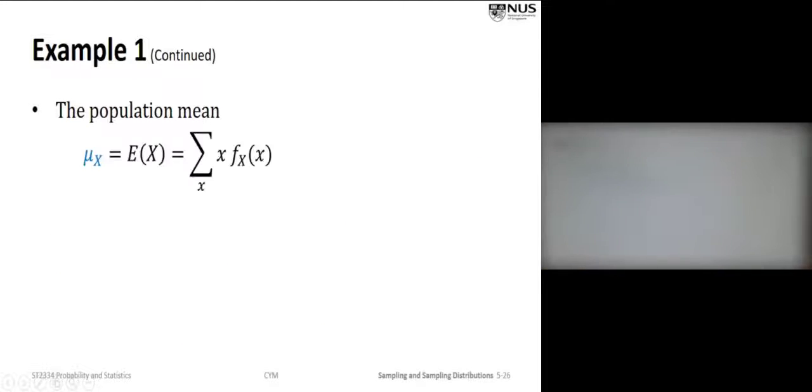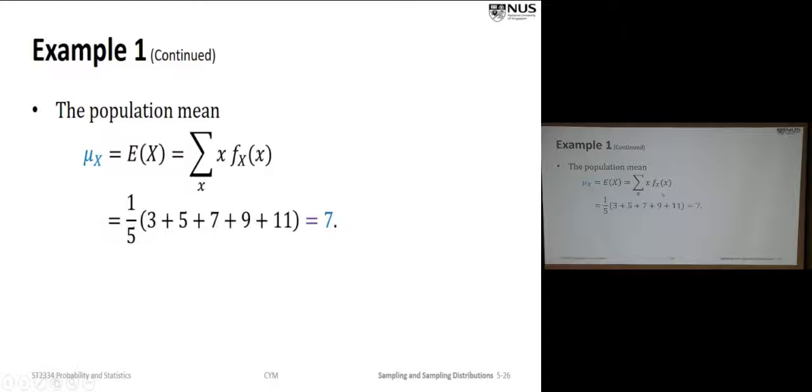Now, the population mean, I work it out, is equal to 7. All right. Remember, mean is not the average. It's not the sum of them divided by the number of observations. In this example, yes, but you should always use this formula. It's a weighted average. Each value is weighted by f of x, which is the probability of taking that value.